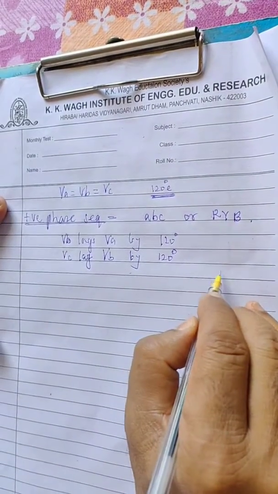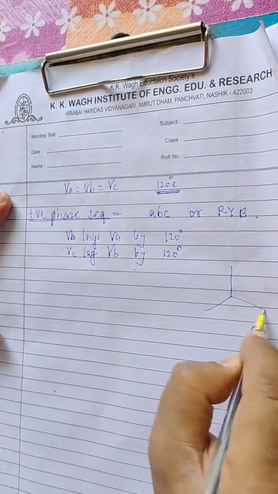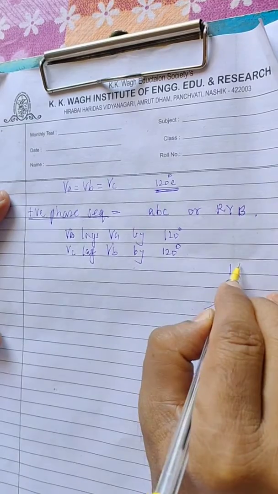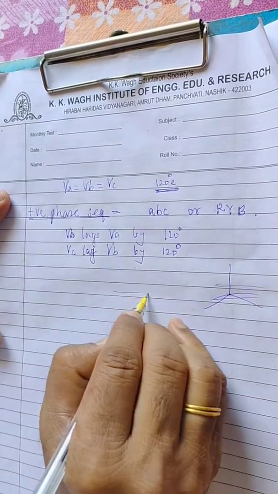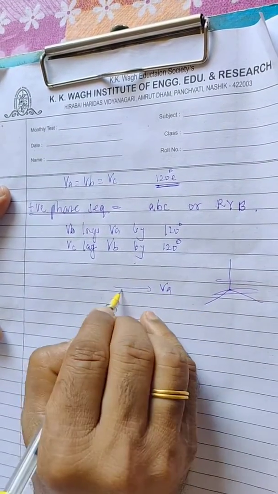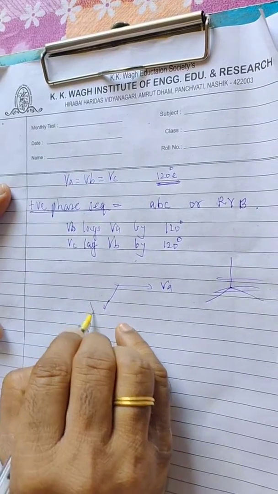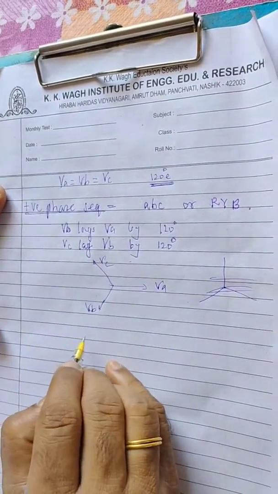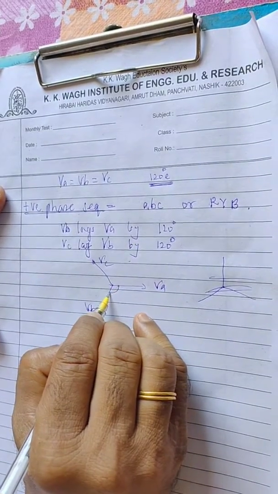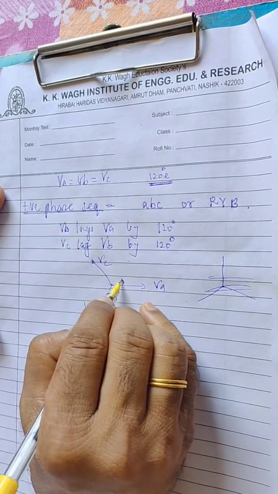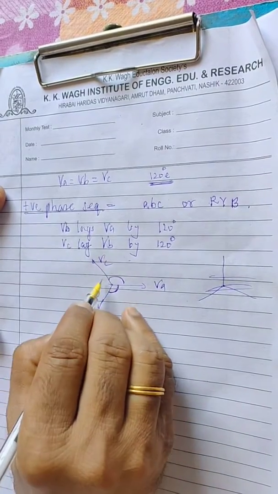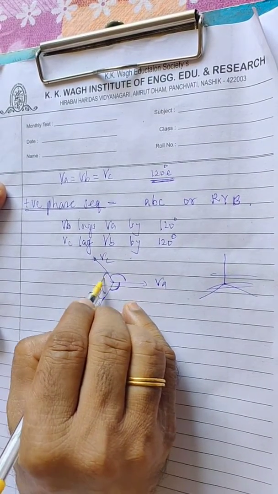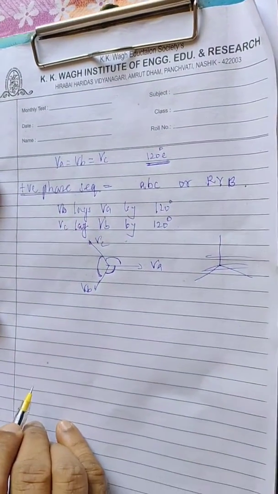So we can show this like this. If this is VA, this is VB and this is VC, this is 120 degrees, this is 120 and this is also 120.